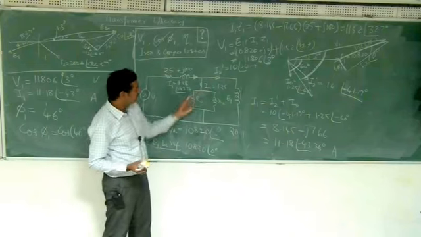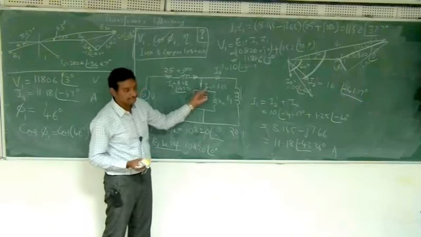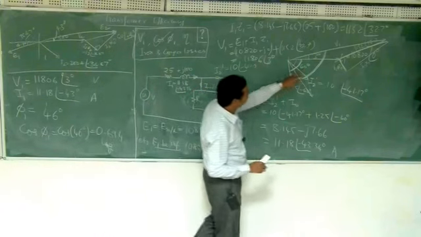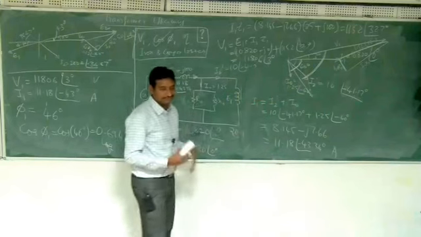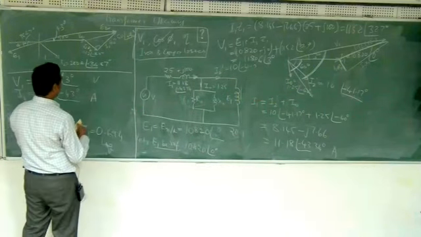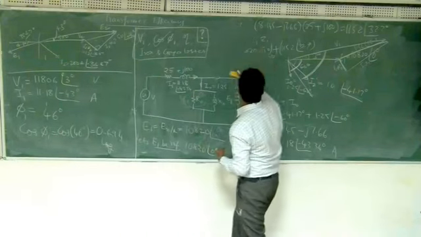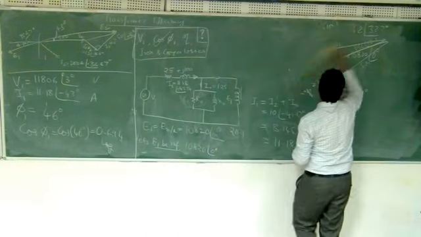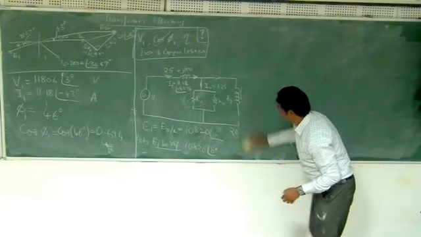But then I know the current. Okay, so E1 into I naught into cos of angle between E1 and I naught. Okay, what is the angle between E1 and I naught? 60 degrees. Okay, so I can do that. So I'll write it here now. Okay, I'll use again this place. In fact, now I can erase everything.